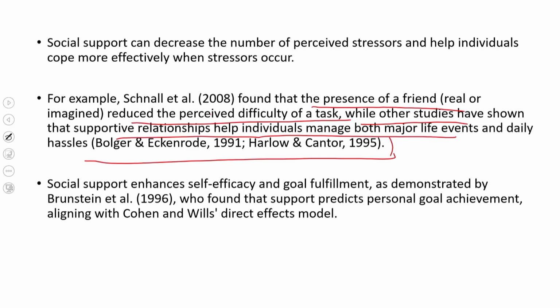So, these are some of the support for these models. Social support also enhances self-efficacy and goal fulfillment, as demonstrated by studies by Brunstein and colleagues, who found that support predicts personal goal achievement, aligning with other models such as the direct effect model.